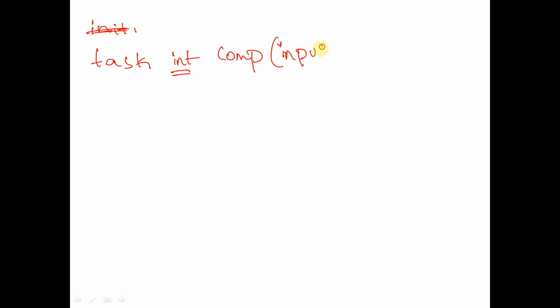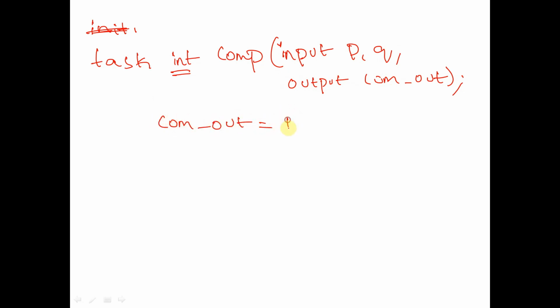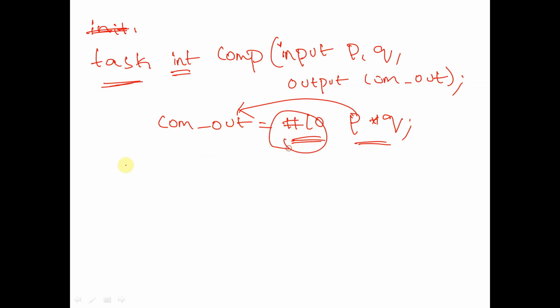Inputs are p comma q, and my output is compute underscore out, and I will use com underscore out is equal to #10 p cross q. So after a 10 time unit delay, the p cross q value will be stored into com underscore out. Since it is a task, I can use a delay here, and then end the task.